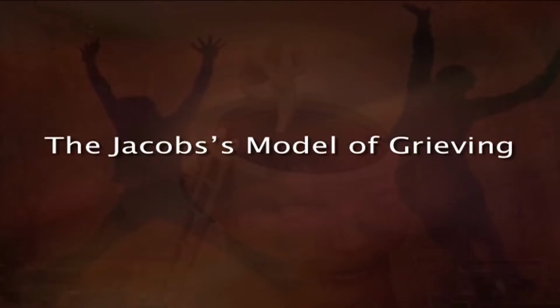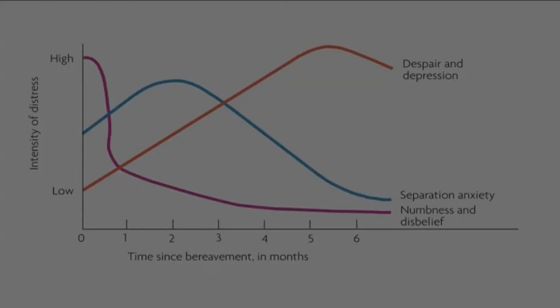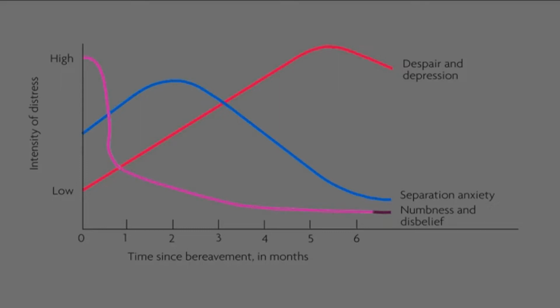Now, going on to the next theory, the Jacobs model of grieving, and he gives 3 types of grief processes. One is despair and depression, the red line, then the blue one, separation anxiety, and the third, violet one, numbness and disbelief.